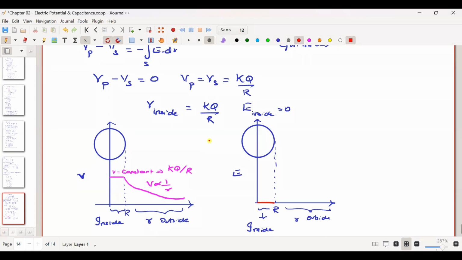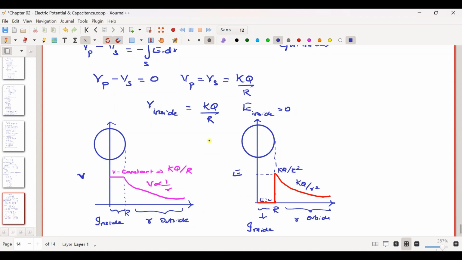Inside it was 0, right? Then at the surface it becomes KQ by capital R squared.